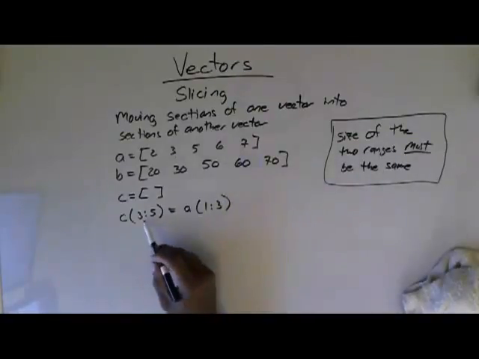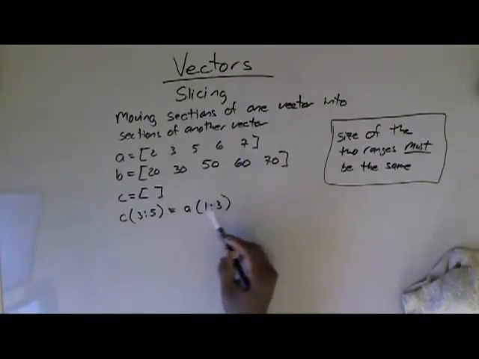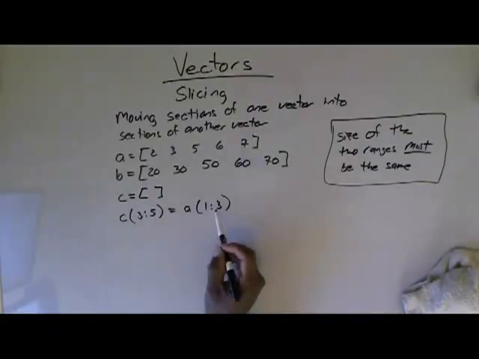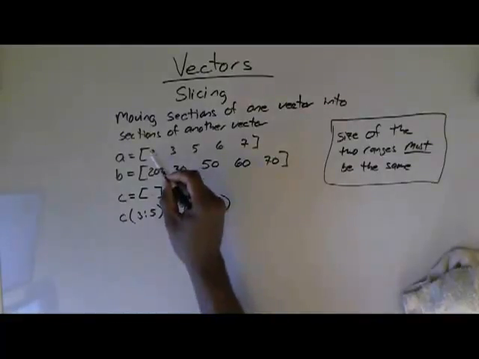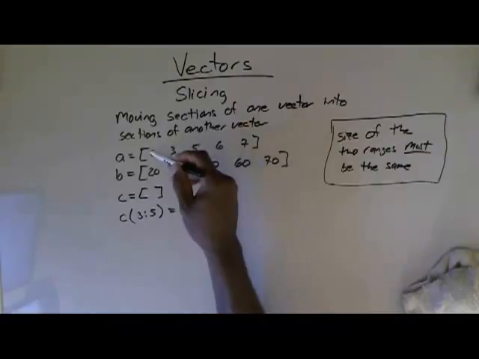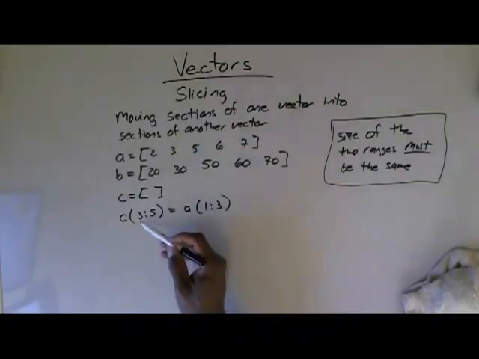Well, 3, 4, and 5, there are 3 things in that one. 1, 2, and 3, there are 3 things in this one. So what it's going to do is assign the values indexed at 1, 2, and 3 in A, which is 2, 3, and 5, into locations 3, 4, and 5 in C.